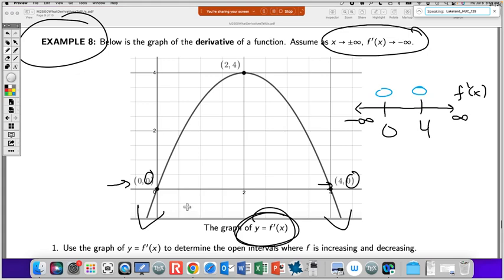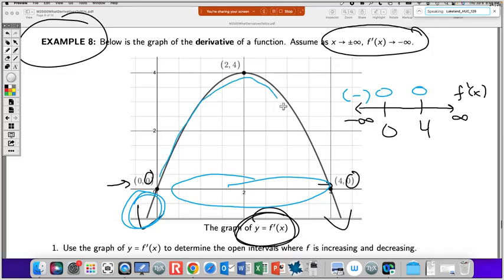You follow? Now, over here, the derivative is below the x-axis, which means the derivative is what sign? Positive or negative? Negative. Between 0 and 4, the derivative is above the x-axis, which means it's positive. And then over here, it's what? Negative. So what's going on with my graph of the original?